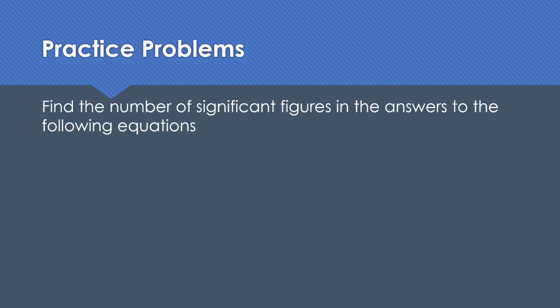So, find the number of significant figures in the answers to the following equations. 46.53 times 72.035 times 0.000658 times 1684.235. Now, you don't have to solve this problem. Just tell me how many significant figures are in the final answer.